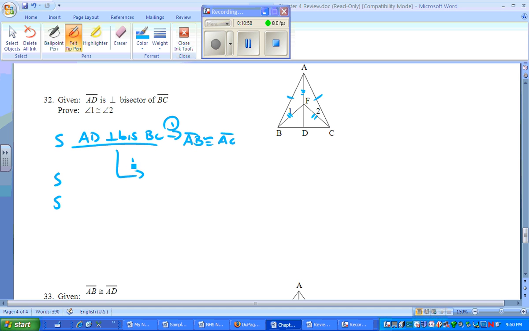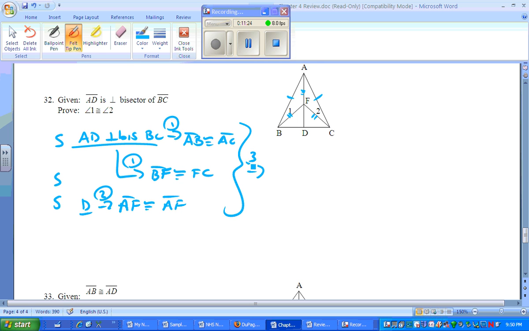This also causes the other side, BF, congruent to FC. And then we got from the diagram reason 2, AF is congruent to AF because it's reflexive.